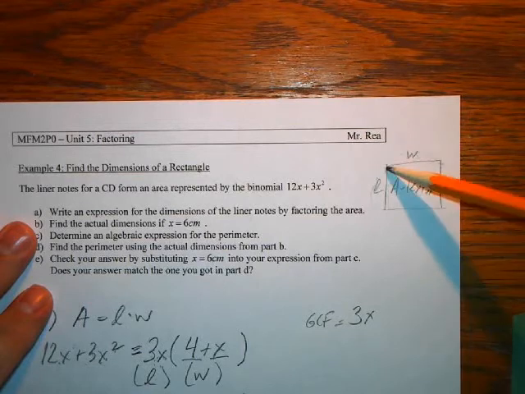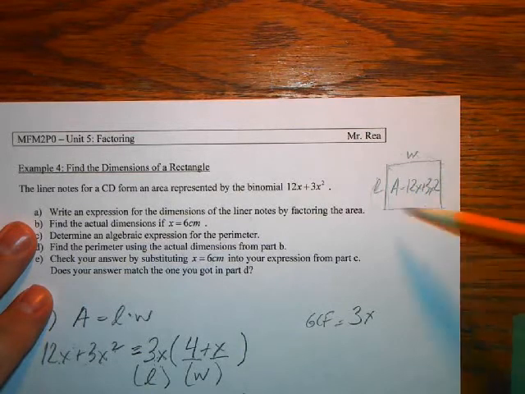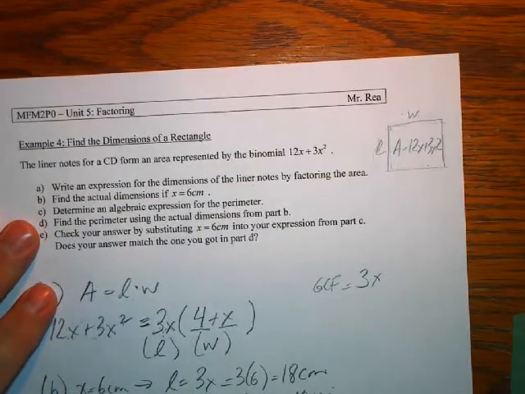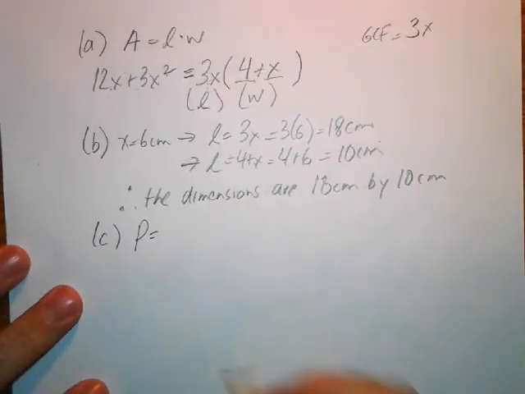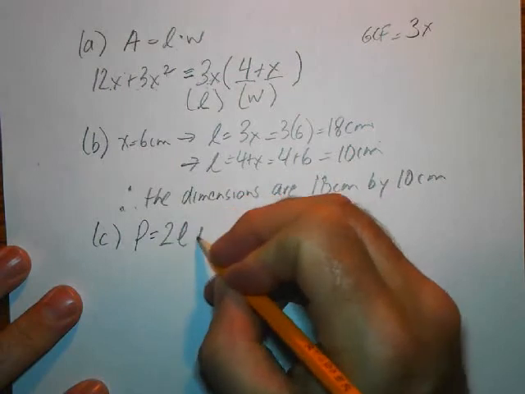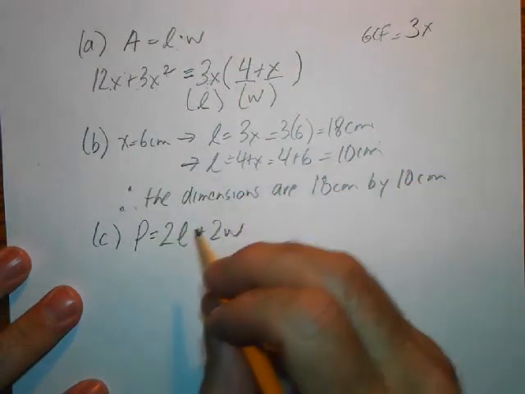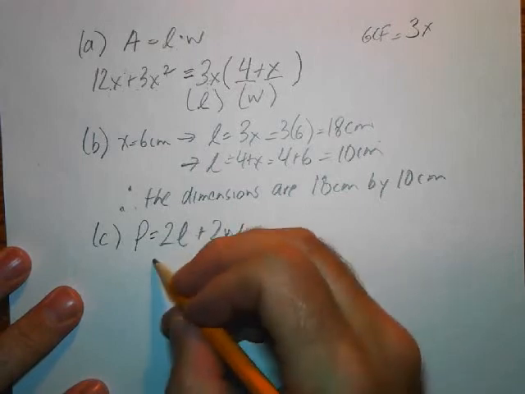So our formula: perimeter is equal to 2 times the length plus 2 times the width. That's a little more direct.